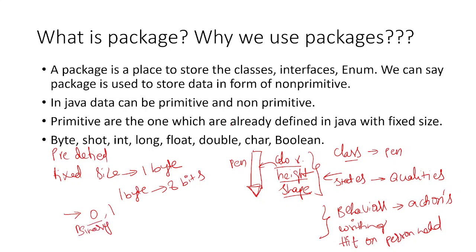We have two things, zeros and ones, so we use 2 power 8, and we get 256. In this 256 we will have positive as well as negative values, so we subtract 1 bit for the sign, whether it is minus or plus.